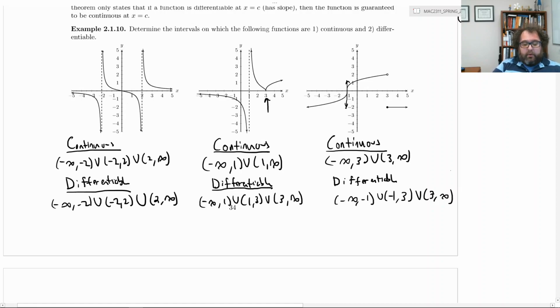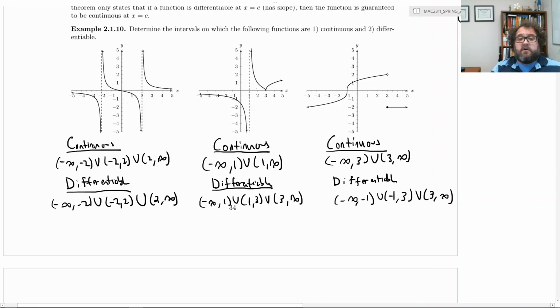So the overarching point of this exercise is that a function, first of all, must be continuous to even talk about a derivative. The only trouble with the first two functions were the vertical asymptotes.